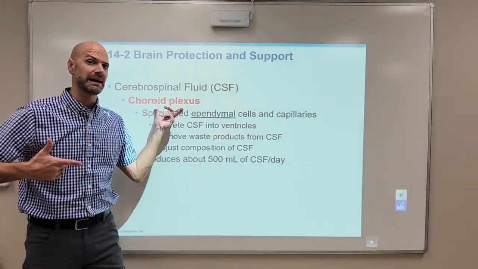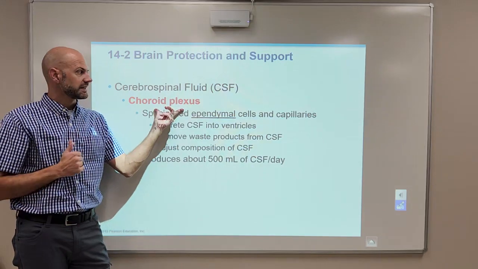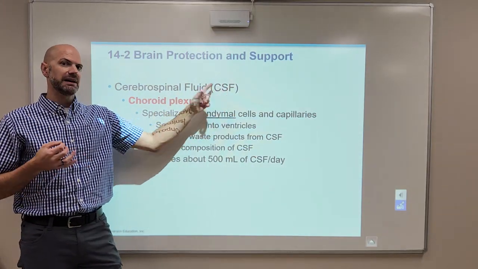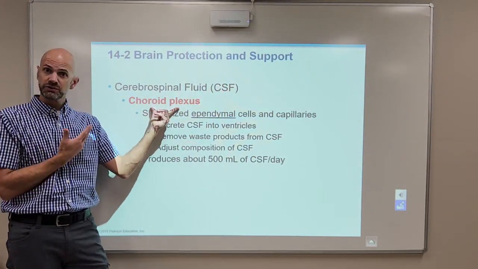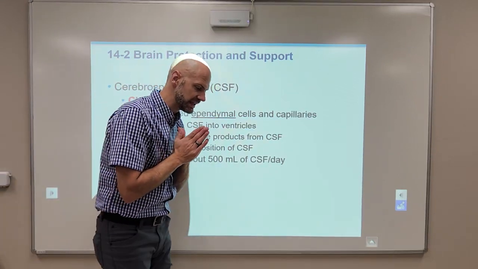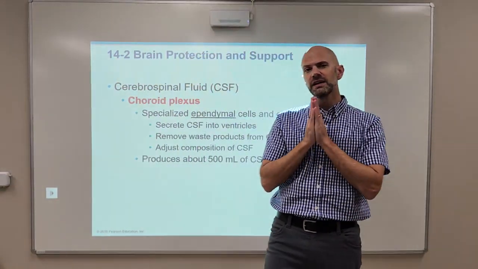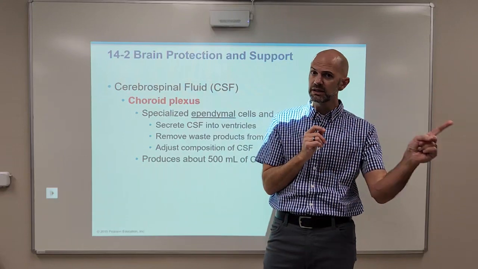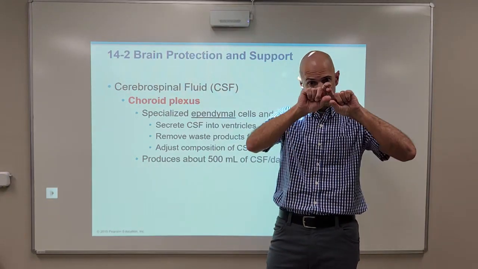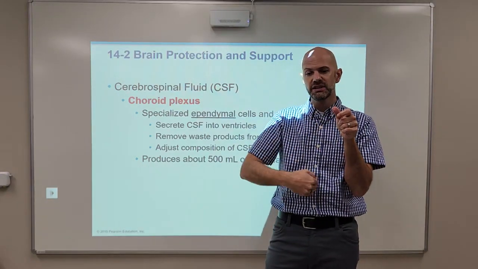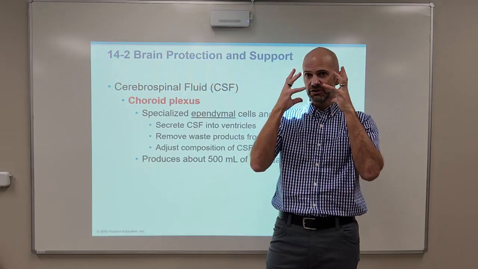CSF is made by the choroid plexus, okay? What's choroid plexus? Well, choroid plexus is a specialization of the ependymal cells. Okay, remember the glial cells, the ependymal cells line the hollow chambers of the central canal, as well as the ventricles.